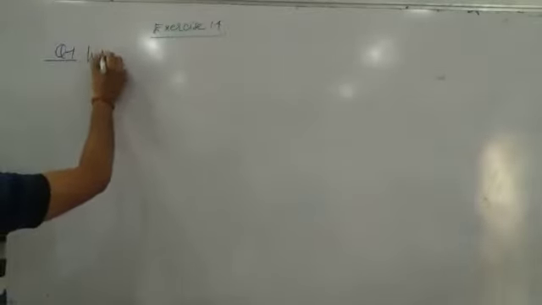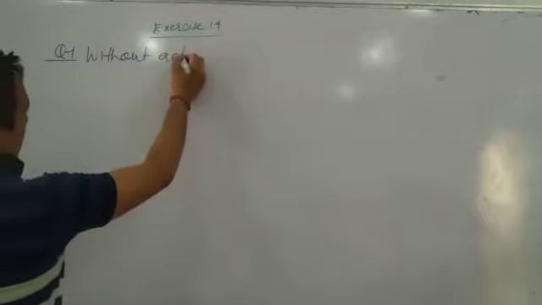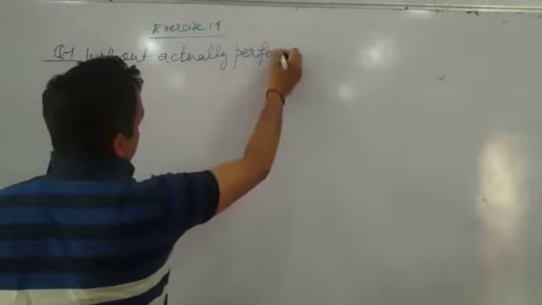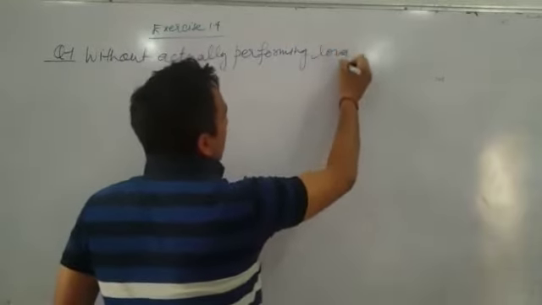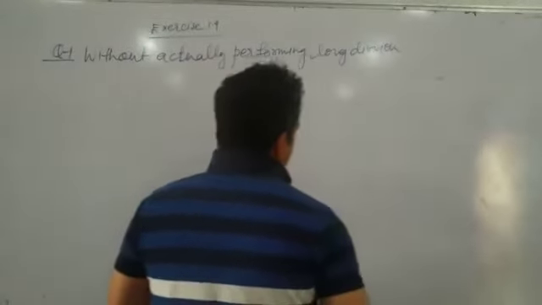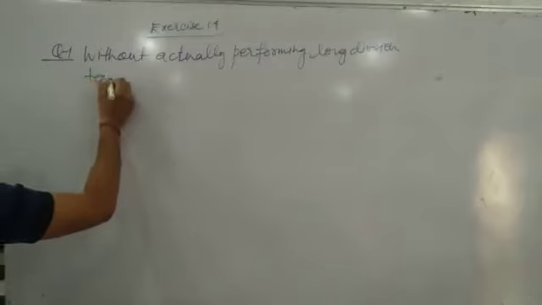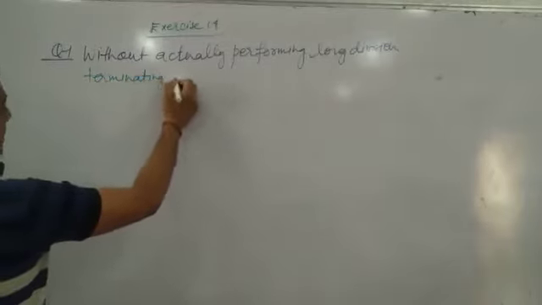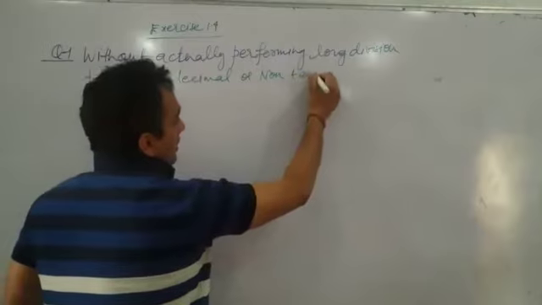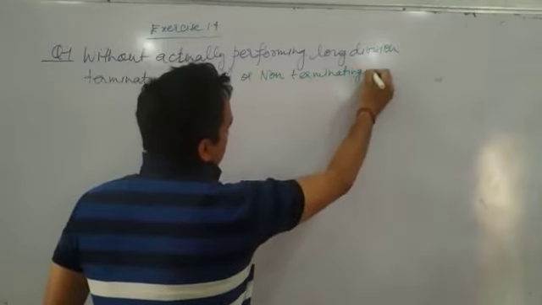In this exercise, the first question is: without actually performing long division, state whether the following numbers have terminating decimal or non-terminating decimal expansions.